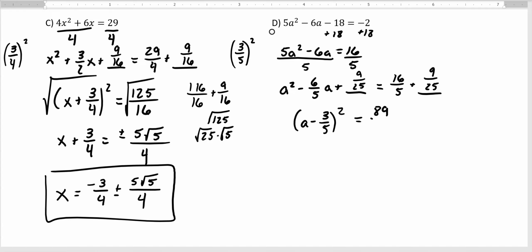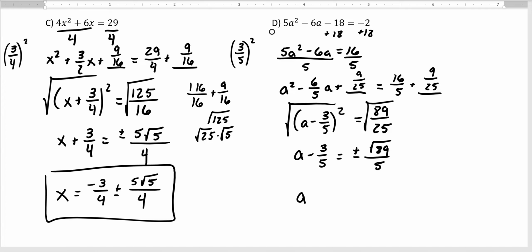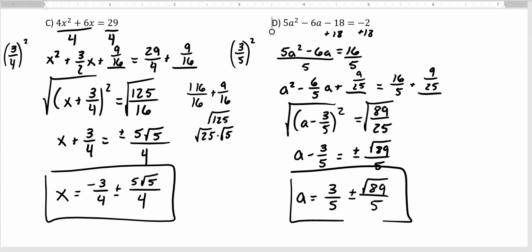So I'll have 89/25. Take the square root of both sides. So I have a minus 3/5 equals plus or minus the square root of 89 over 5. Add 3/5 to both sides, so a equals 3/5 plus or minus the square root of 89 over 5. And there we have it.